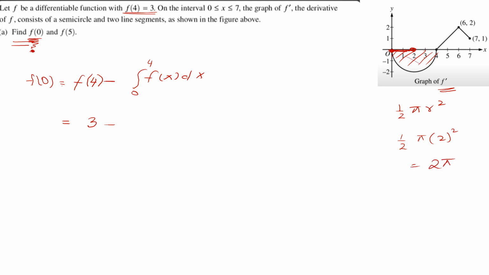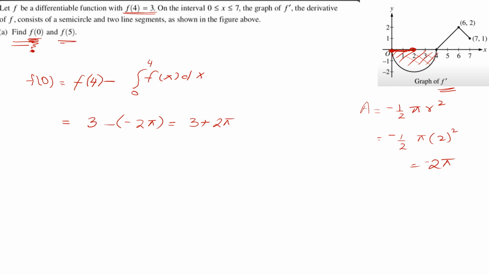Since the semicircle is below the x-axis, you have to use the negative sign. So the integral from 0 till 4 of f prime of x dx is negative 2 pi. Write it in the calculator and you will get 3 plus 2 pi.